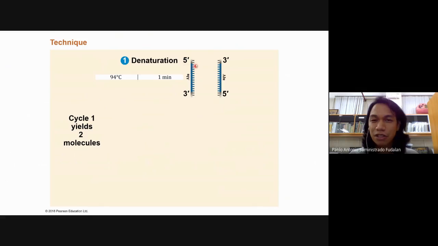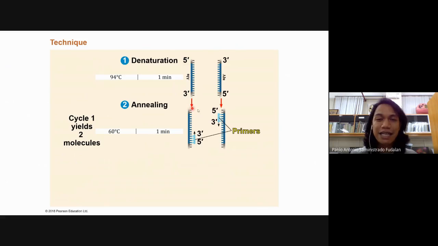The two complementary strands of the DNA will separate, unzip. And then annealing, at 60 degrees Celsius. That's where the primers, if you can remember what primers are, attach to the unzipped strands. Let me ask you now, as early as now, how do you define a primer?